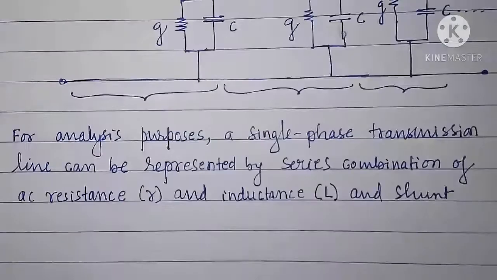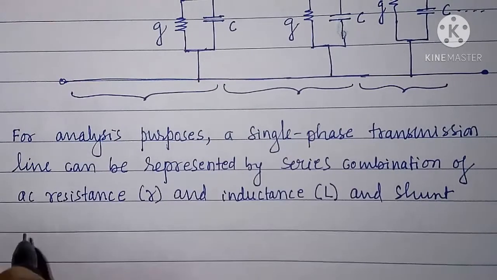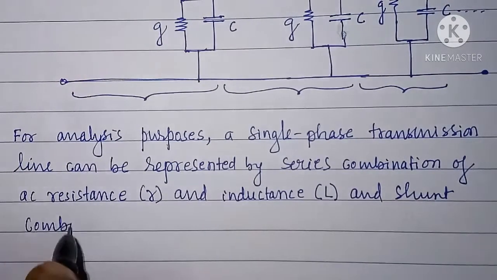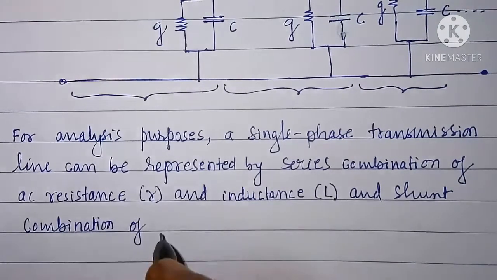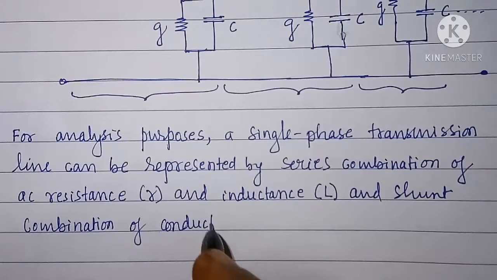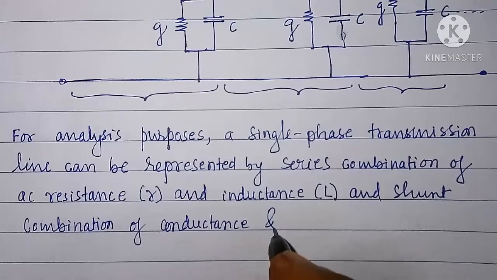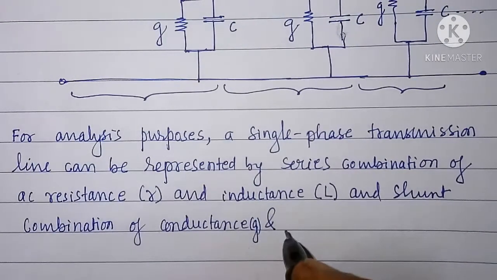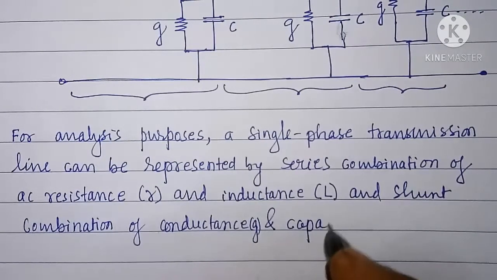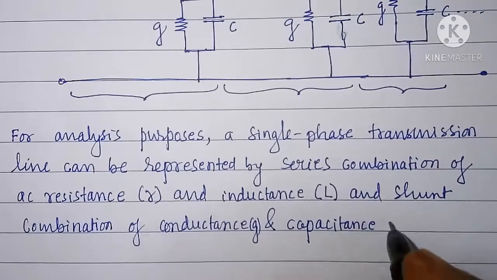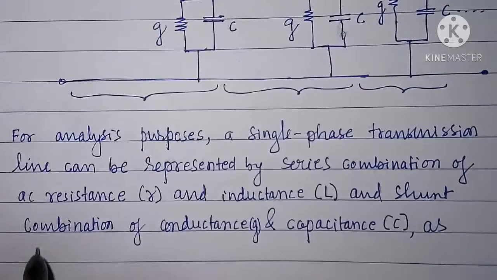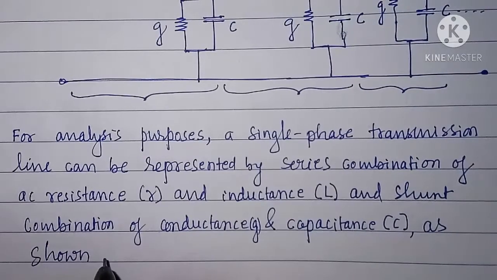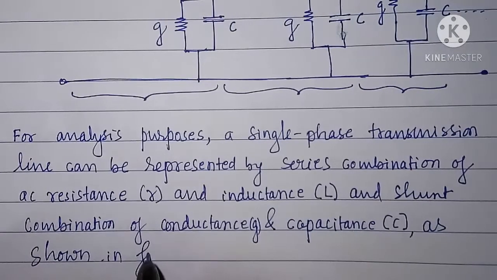Shunt combination means parallel combination. Conductance is denoted by G and capacitance by C. As shown in figure above.